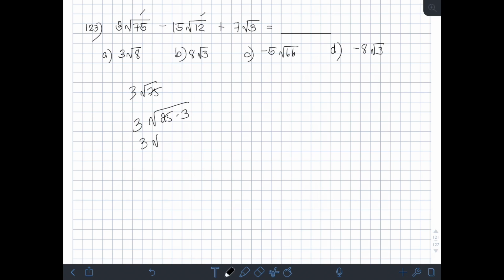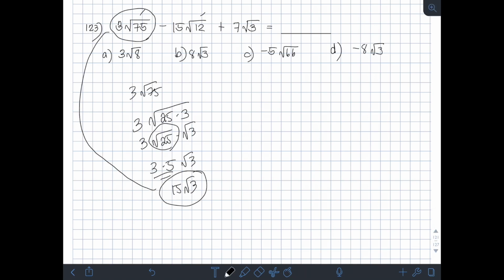And then, pwede nating paghiwalayin yung number inside the square root as square root of 25 times square root of 3. Property of radicals. And then, itong square root of 25 is may exact value na yan, right? 5. So, 3 times 5 times square root of 3. Now, multiply natin itong 3 times 5, we have 15. So, therefore, 3 square root of 75 is equivalent to 15 square root of 3.